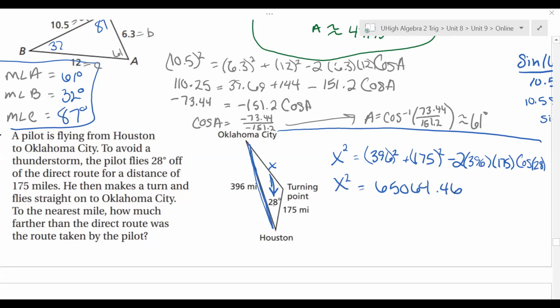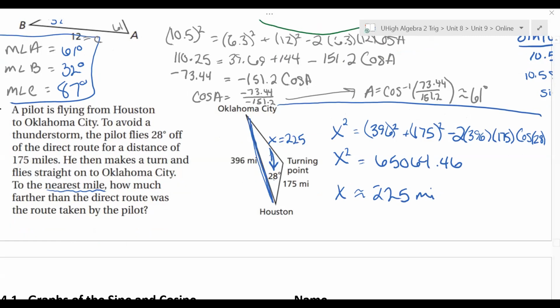And this just says to the nearest mile, so I really don't need that decimal, but I'm going to keep it just so when I take the square root, I get that I'm approximately 225 miles. So 225. So how much farther than the direct route was the route taken?